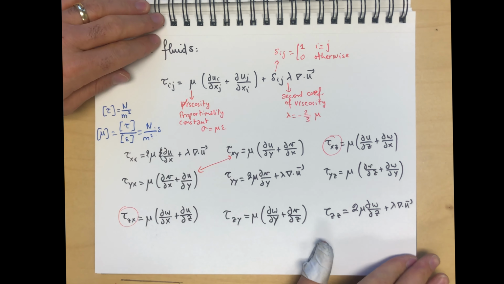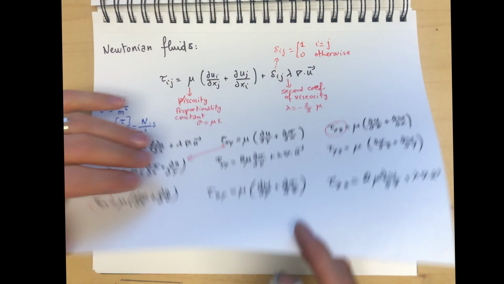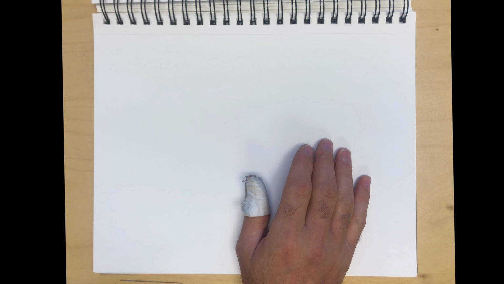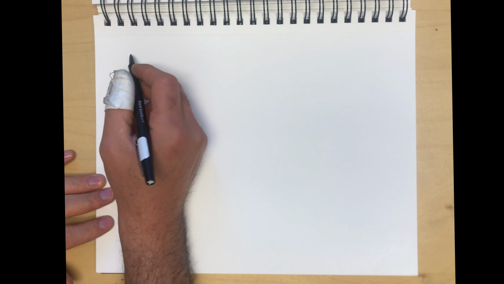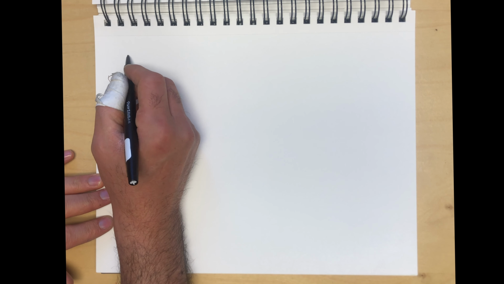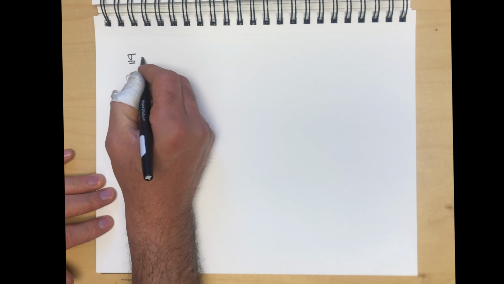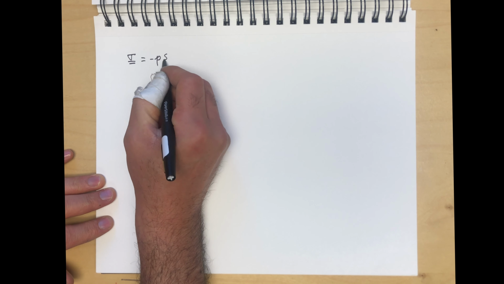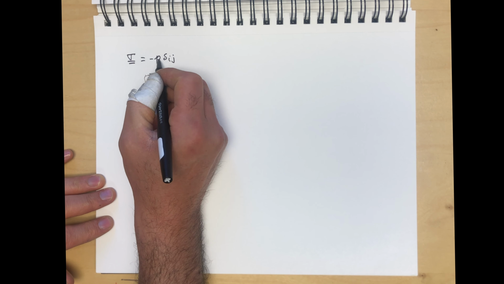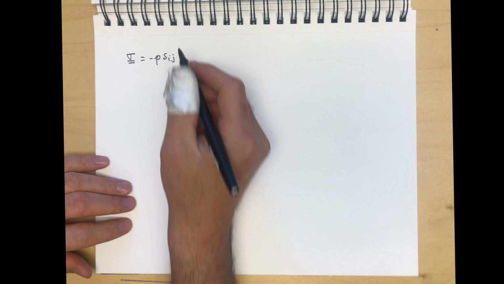So now the final note on the second coefficient of viscosity. Another form of the stress tensor is to lump the pressure into the stress tensor itself and say that sigma is equal to minus p delta ij. Because the pressure force is normal, it only contributes to the normal components of the stress tensor.